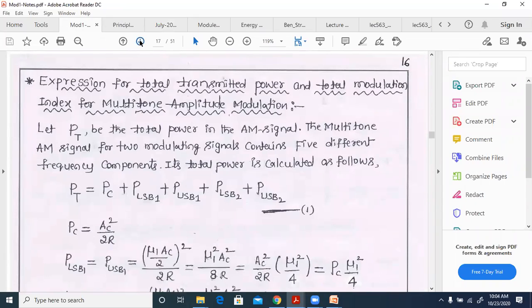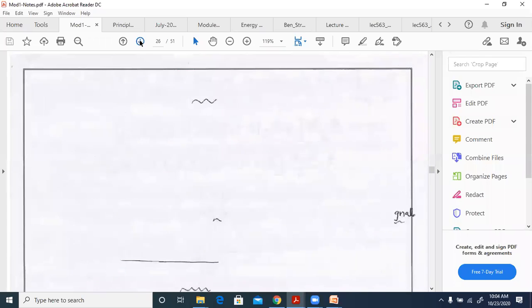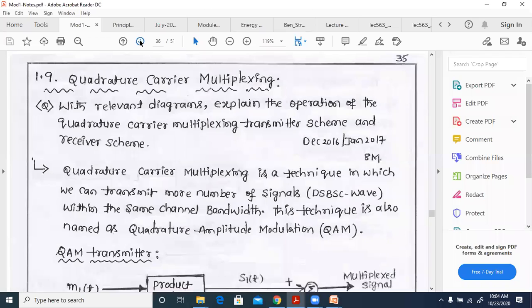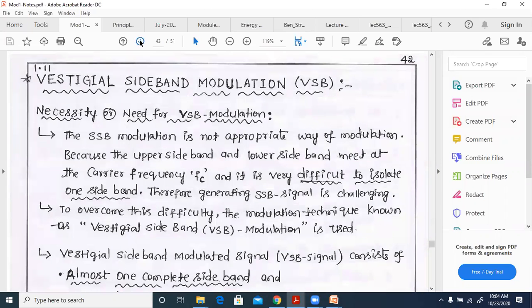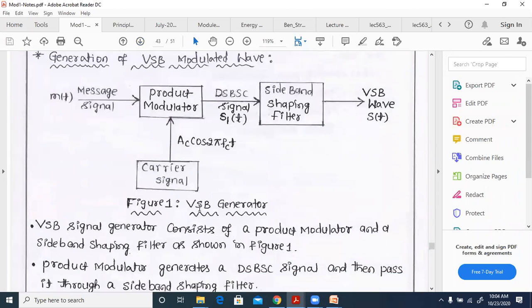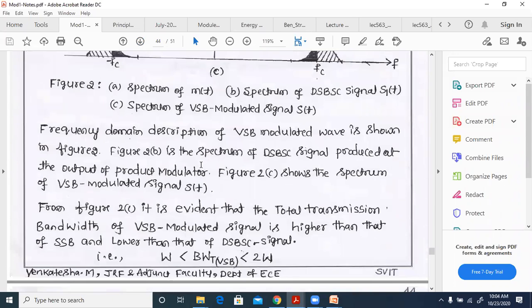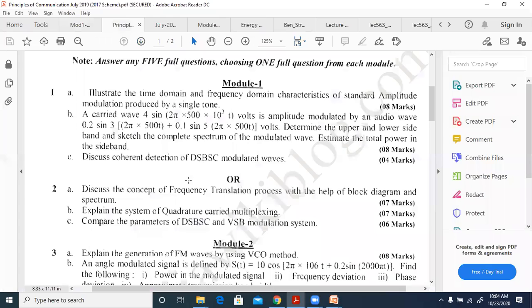Generation is nothing but the modulation, and demodulation is just the reception.